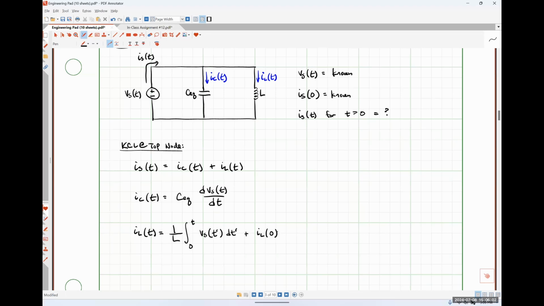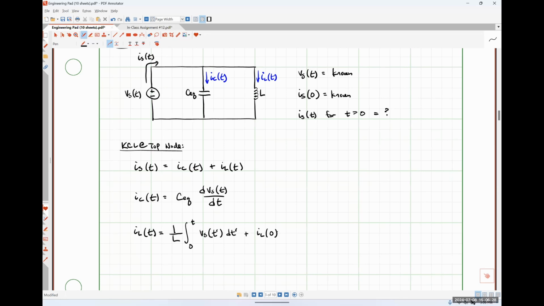So we know what L is, we know what Vs is. How do you guys think we might find IL at 0? We can just plug 0 in for the time value in the equation we just did. Exactly right.